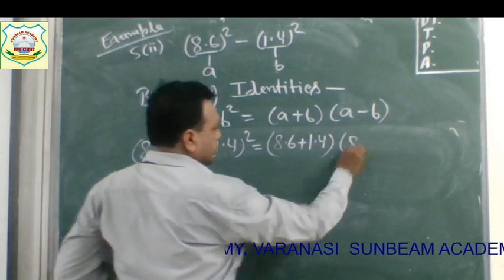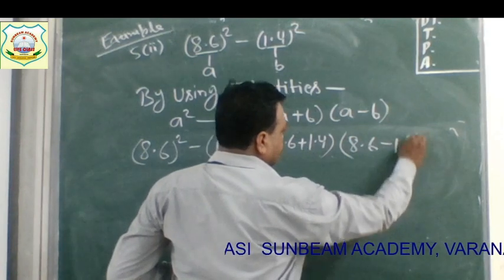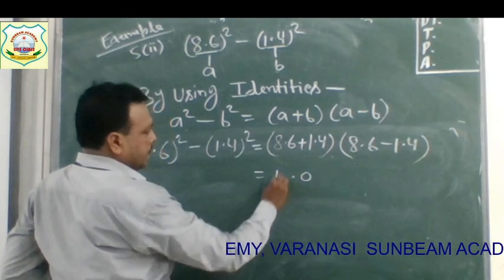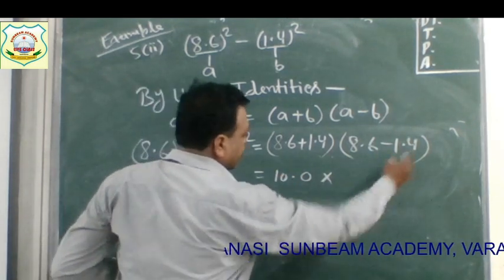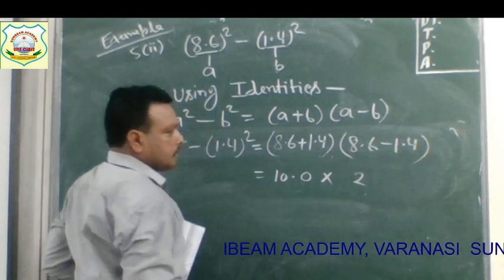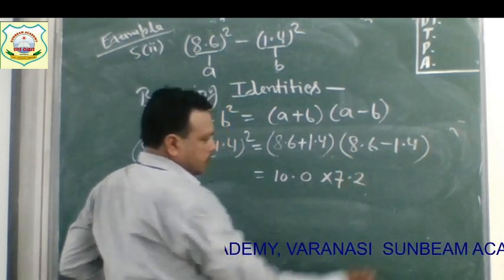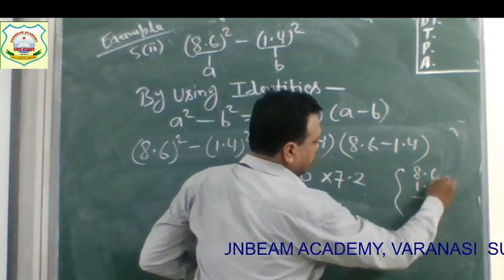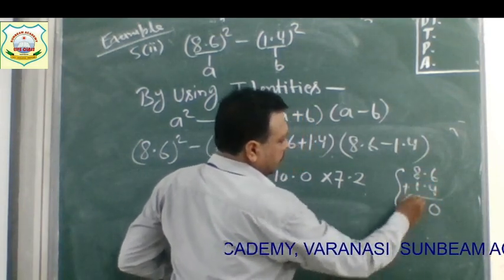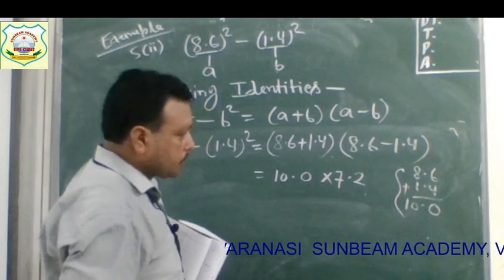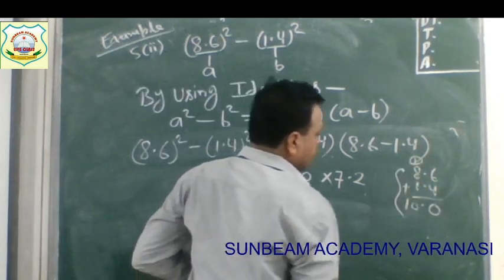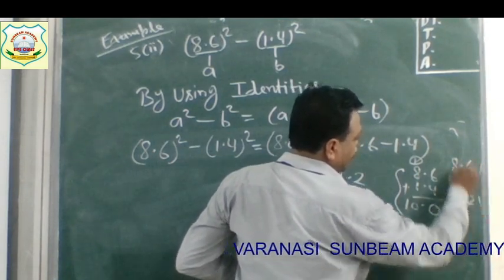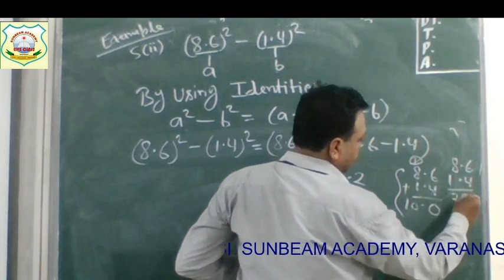Similarly, 8.6 minus 1.4. With 8.6 and 1.4, 6 plus 4 is 10, 8 plus 1 plus 1 is 10, so 10.0, multiplied by 6 minus 4, that is 2, and 8 minus 1, that is 7, so 7.2. Clear?